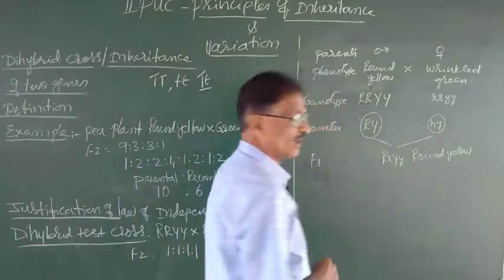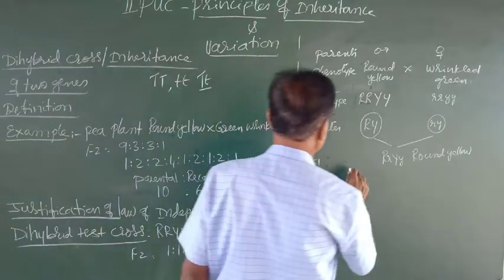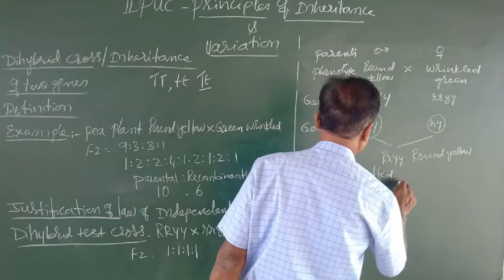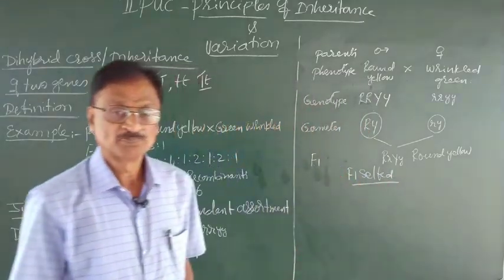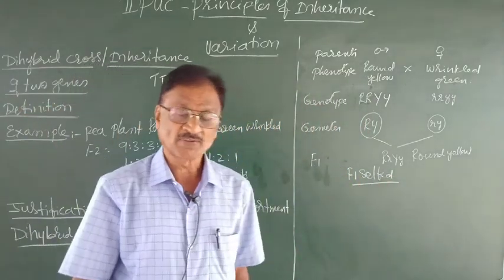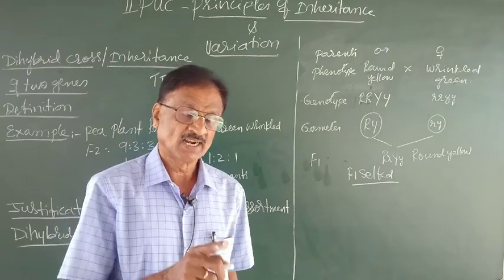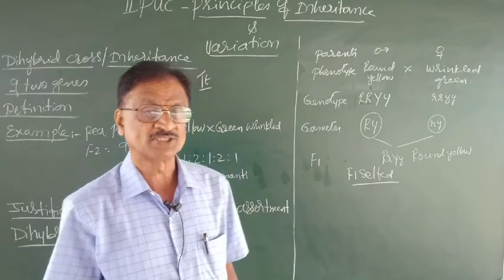Now, what he did was, F1 plants are self-crossed. F1 selfed, or F1 self-crossed, or even we can say F1 plants undergo self-pollination.